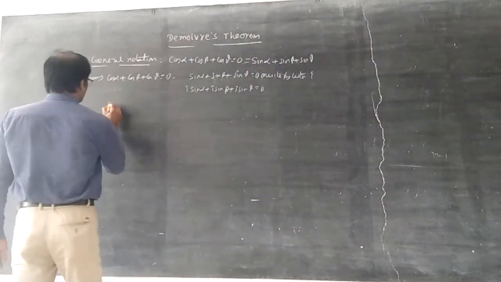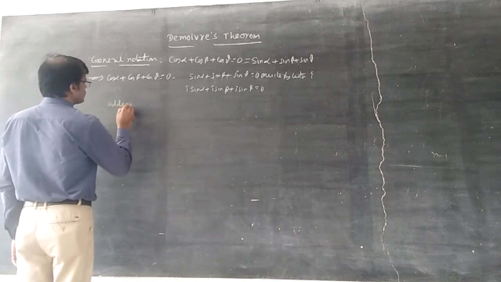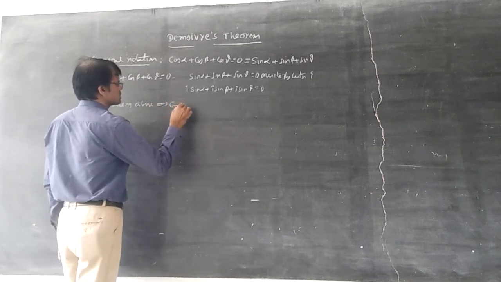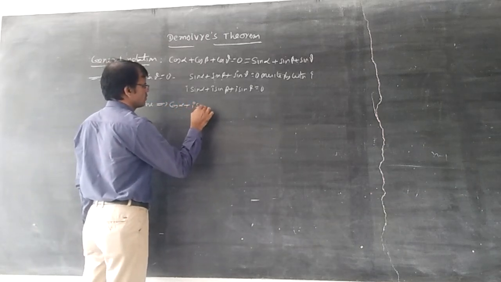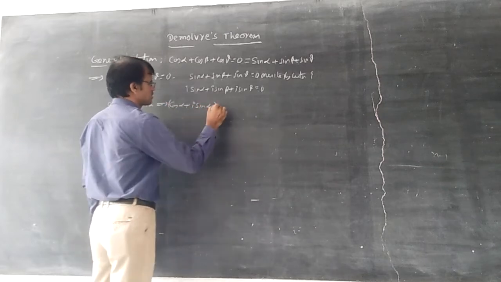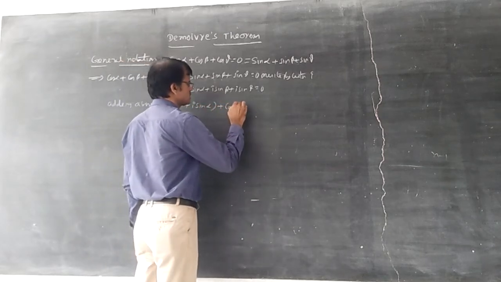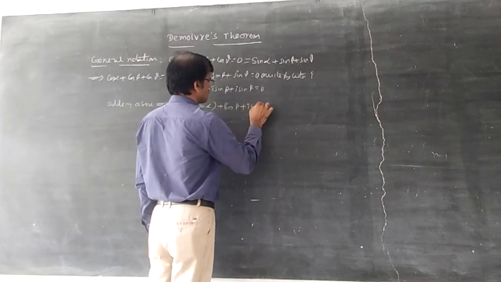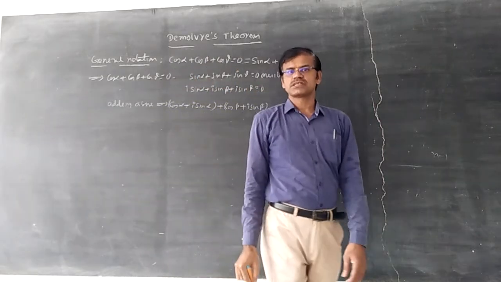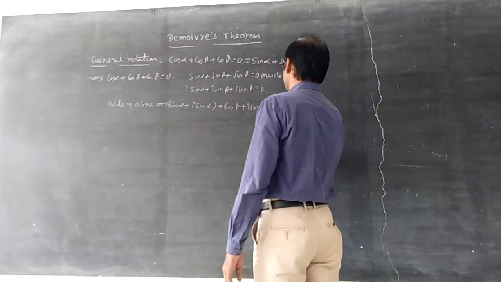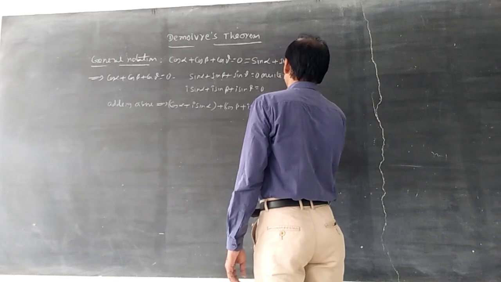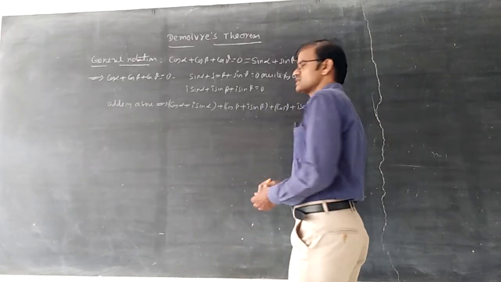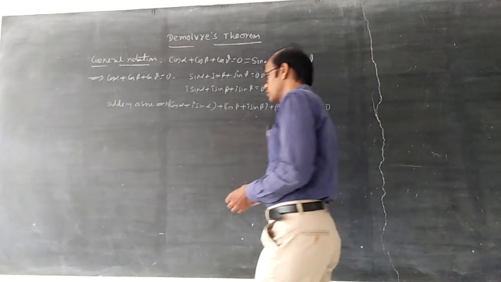Now adding the above, cos alpha plus i sin alpha, and cos beta plus i sin beta, and cos gamma plus i sin gamma is equal to 0.